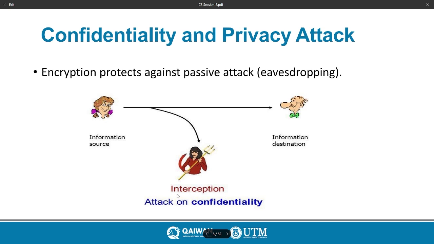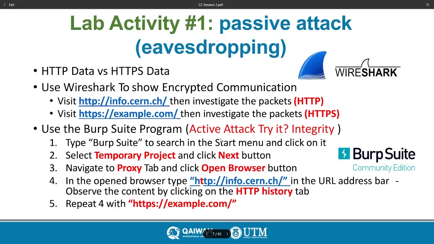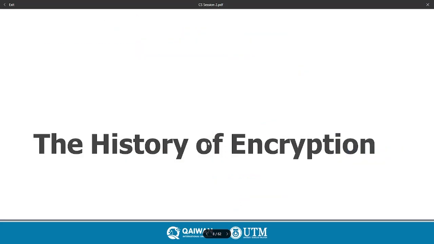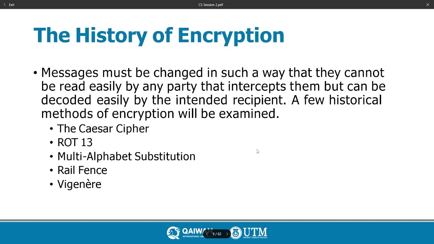However, if we have an interceptor here, that would be an attack on confidentiality. Encryption is one of the mechanisms this girl can use to protect her messages from those who want to intercept them.